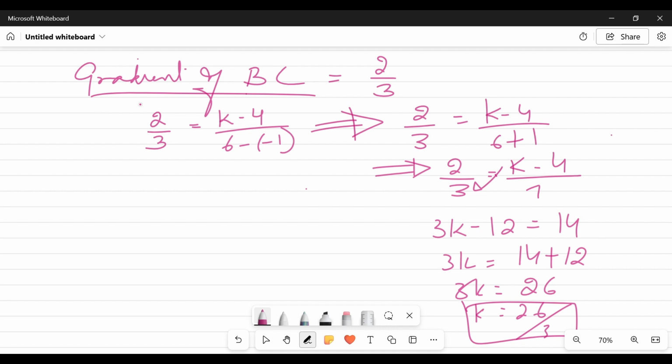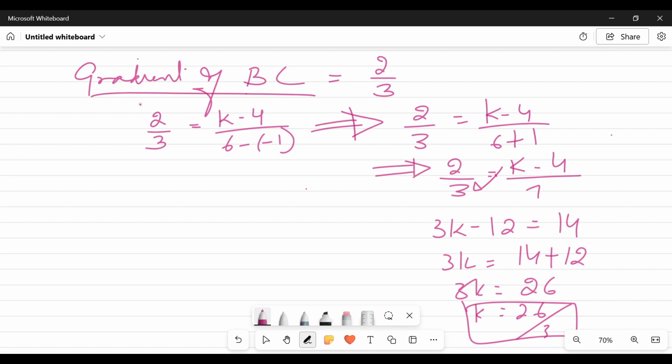So, students, you need to do question number 3 and question number 4 as well. It is a similar question. In question number 4, again three points are given to you. Find the value of k if, in the first part, AB is perpendicular to AC. In the first part, find the gradient of AB.